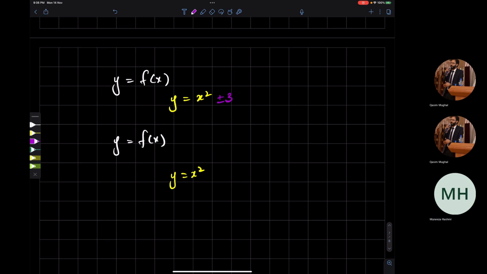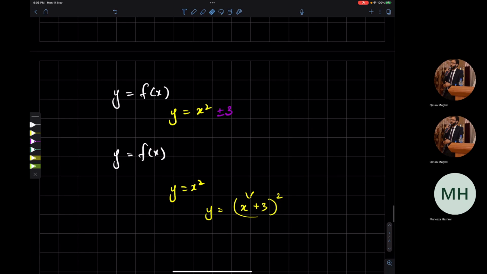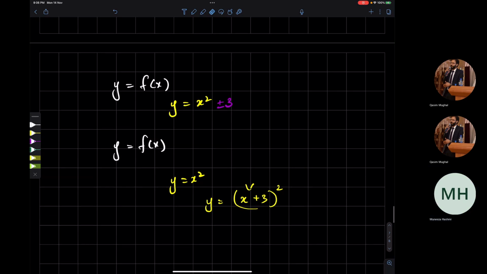But if I'm adding or subtracting in the x, it means I'm replacing x with that. So it is going to be y equals x plus 3 and then the whole square. Instead of x, I've written x plus 3. So I've added in its x. Okay?